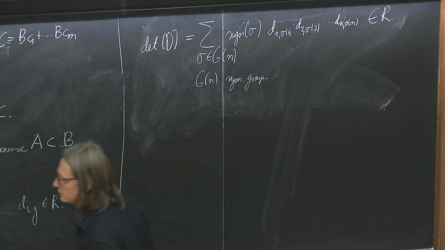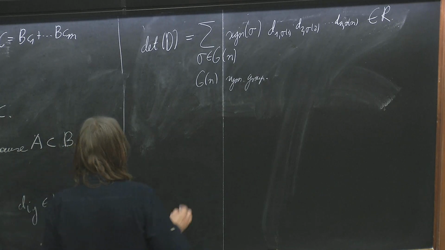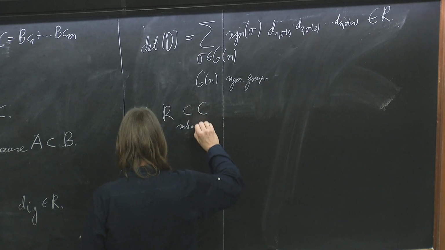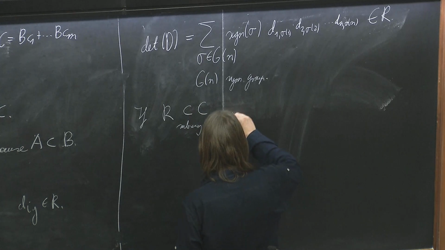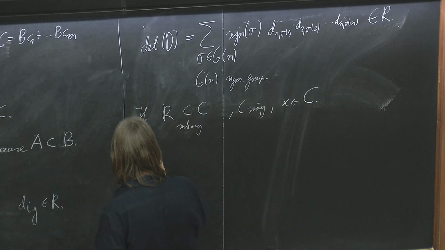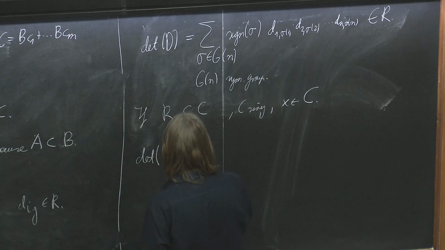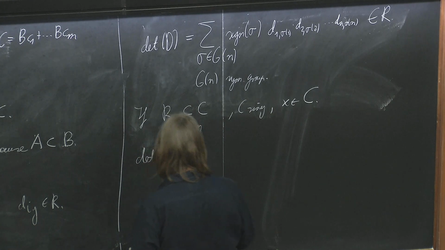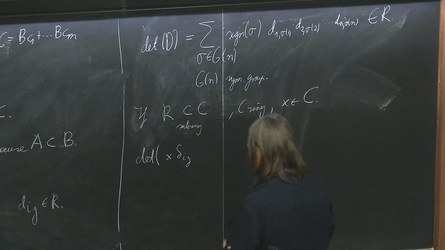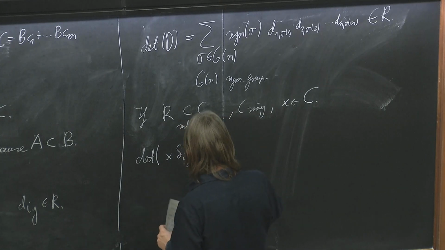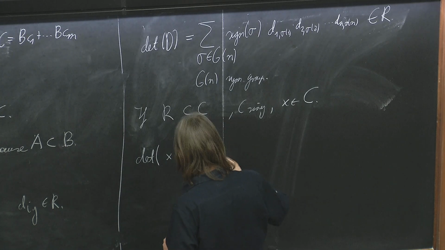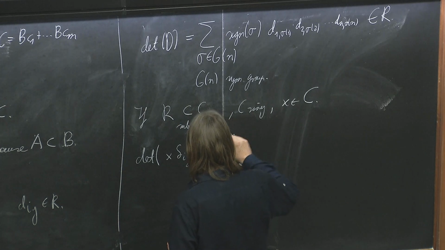So assume now that R is a subring of C, where C is a ring, and x is an element of C. Then I can look at the determinant of x times delta ij, where this delta ij is equal to 1 on the diagonal and everywhere else it is 0, minus dij, i, j from 1 to n.